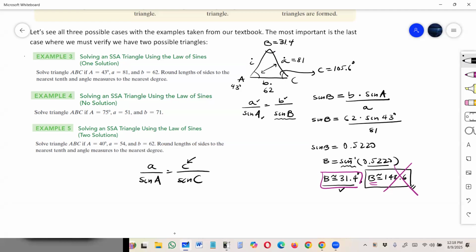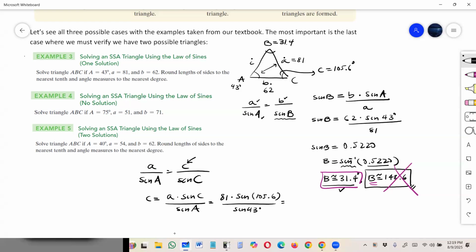So I'm going to multiply both sides by sine C. So C would be A times sine C over sine A. And my side A is 81. My sine C is sine of 105.6, and sine A is sine 43.